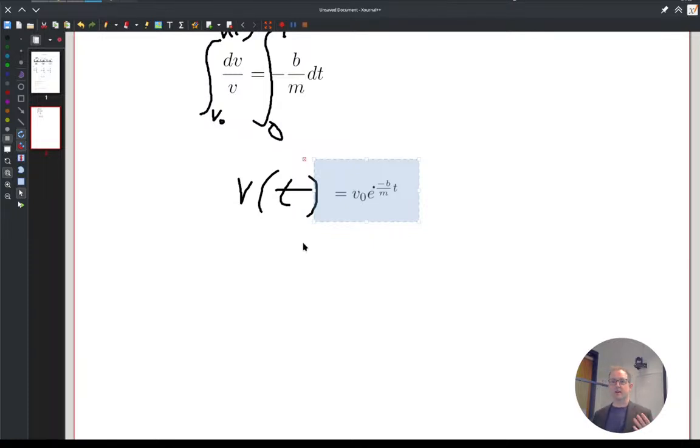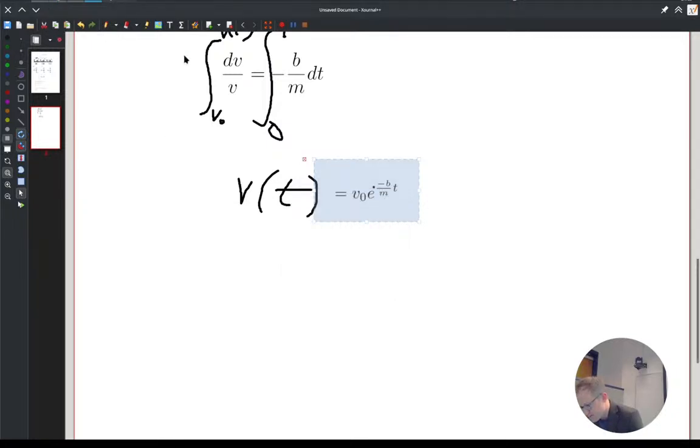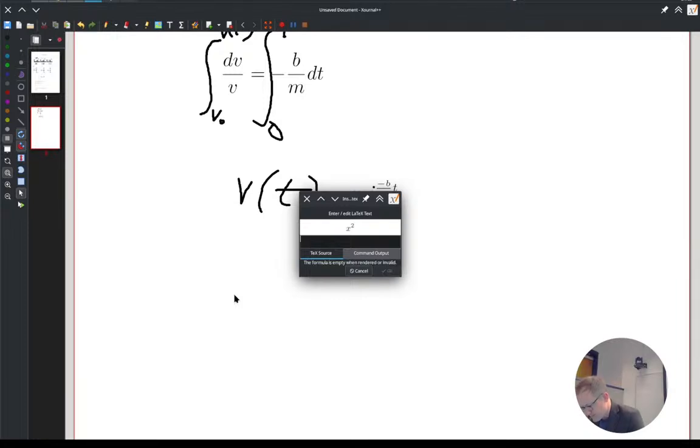Then we have a pretty uninteresting solution though, because it's just v of t is 0 because v0 was 0. Not as fun. We're gonna end up with a sine or a cosine. No, but you use the same process to solve for the x of t for the string equation, right?